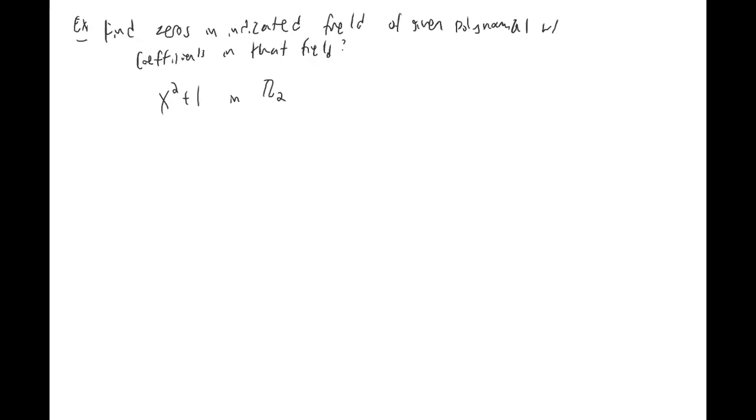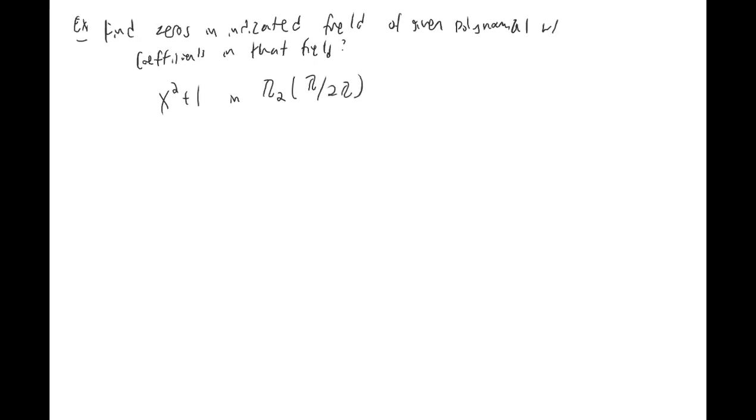Z2 has 2 elements, so you just plug in the 2 elements. What are they? Is 0 squared plus 1 equal to 0 in Z2? No. What about 1 squared plus 1? 1 squared plus 1 is 2, and 2 is 0 in Z mod 2Z.